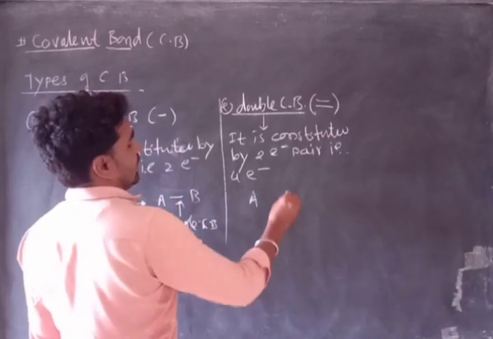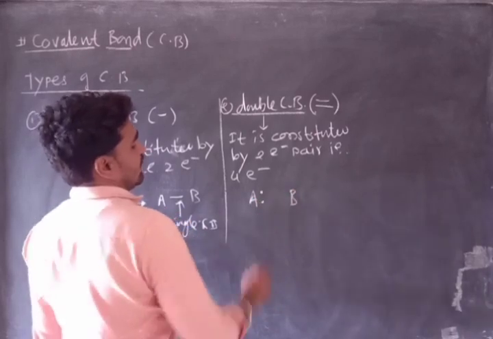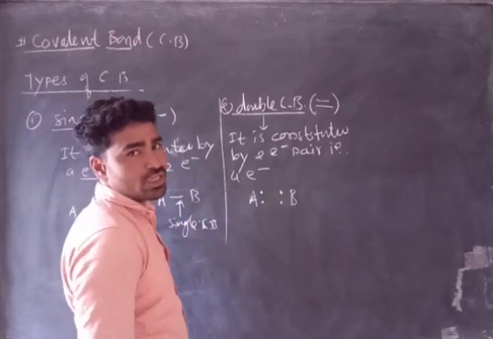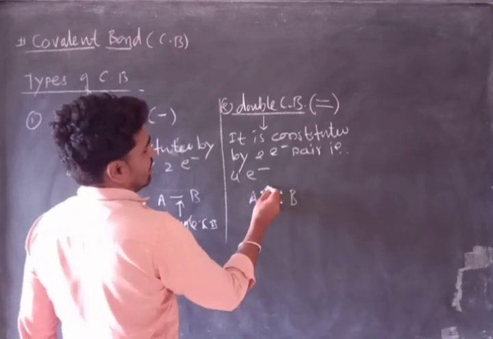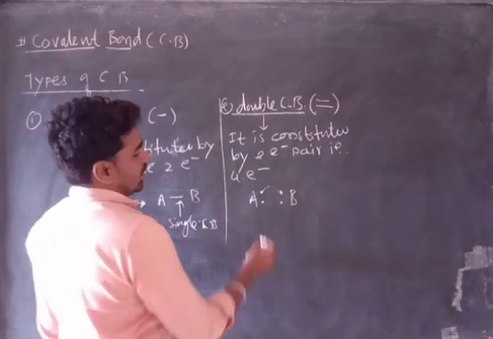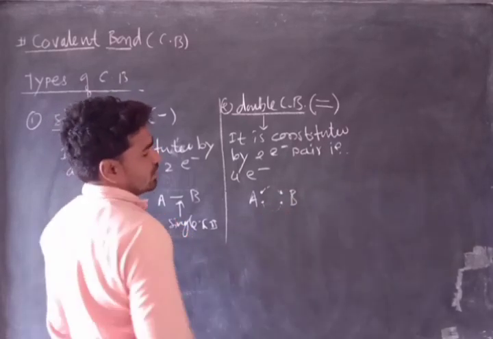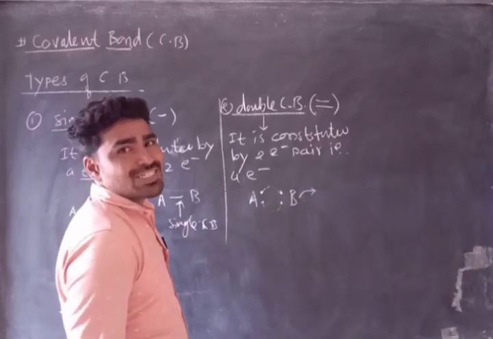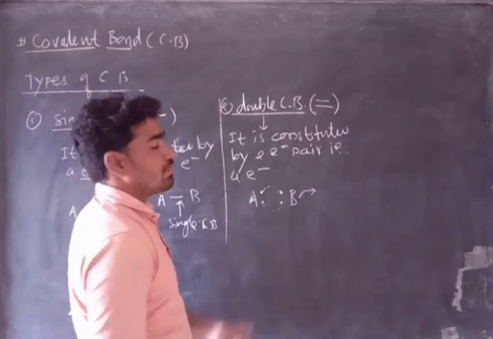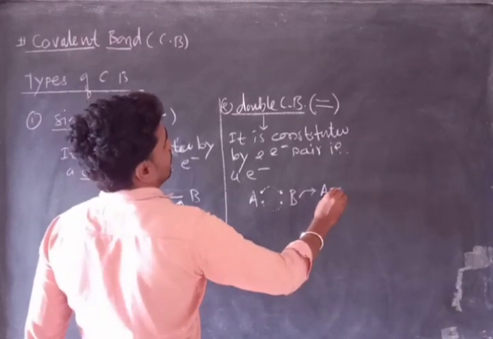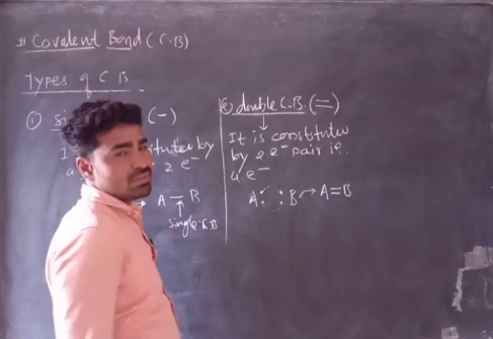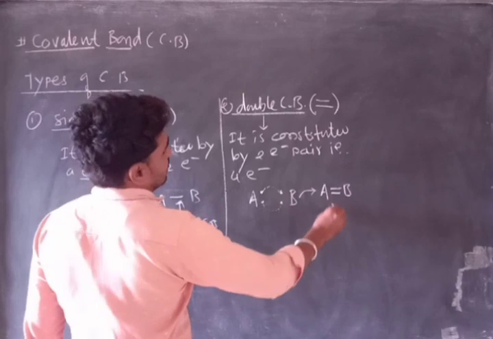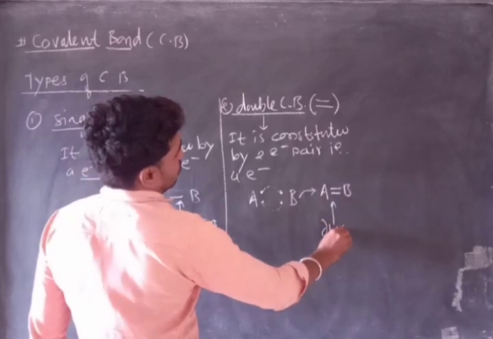Consider this atom A and this atom B. This atom has two valence electrons to share, and this B atom has two electrons to be shared. Now this atom will share one electron with atom B, and this atom also shares one electron with B. By mutual sharing of two electrons by each combining atom, a double covalent bond is formed between atoms A and B to form a molecule AB.